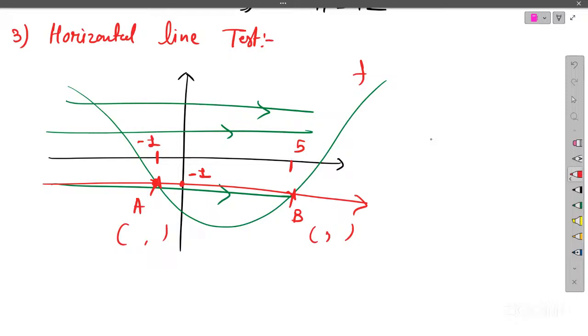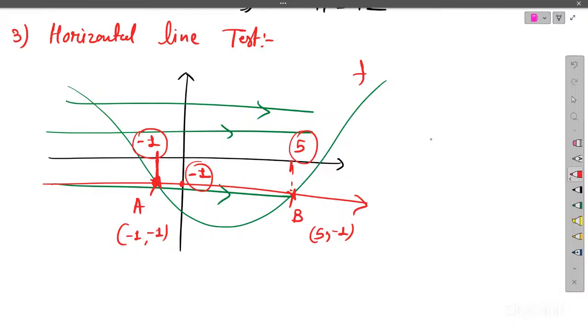A is on the line y equals minus 1, so the x coordinate is minus 1 and the y coordinate is also minus 1. Okay. And the coordinates of point B will be: the x coordinate will be 5 and the y coordinate will be minus 1.